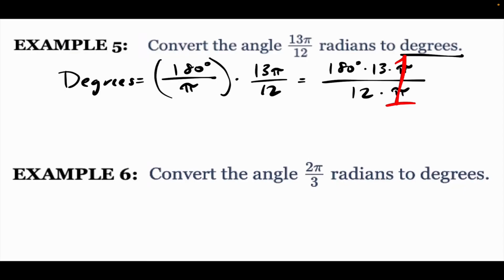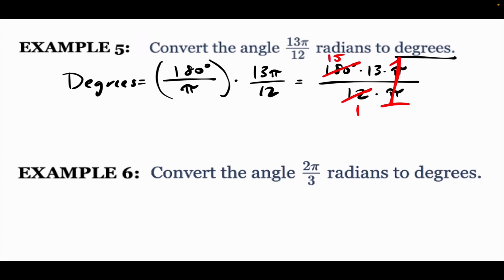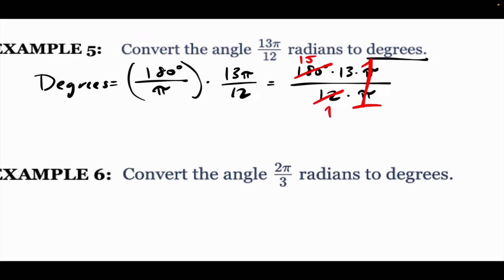So I'm going to divide both of them by 12. This guy by 12, that guy by 12. So this becomes a 15, this becomes a 1. Just reducing the fraction. And sorry, degrees is still there. Degrees is still there. That hasn't canceled out. So on top, I got 15 degrees times 13 times 1. On bottom, I have 1 times 1.